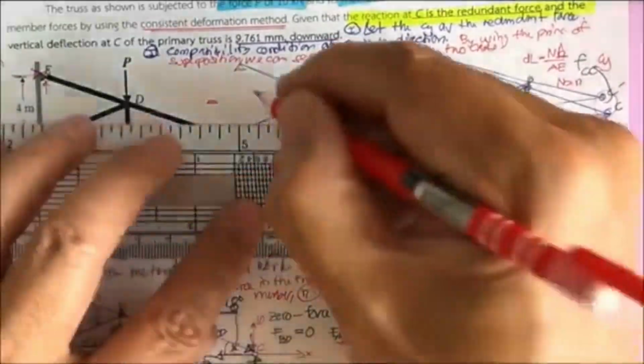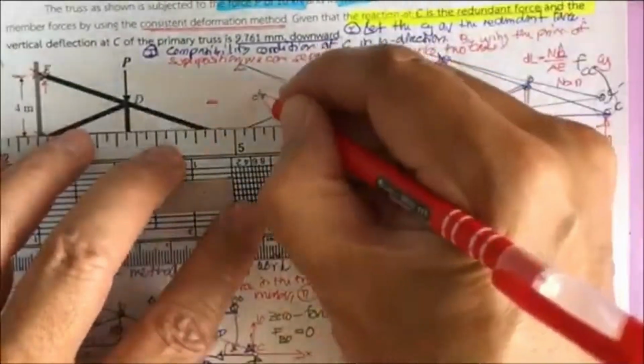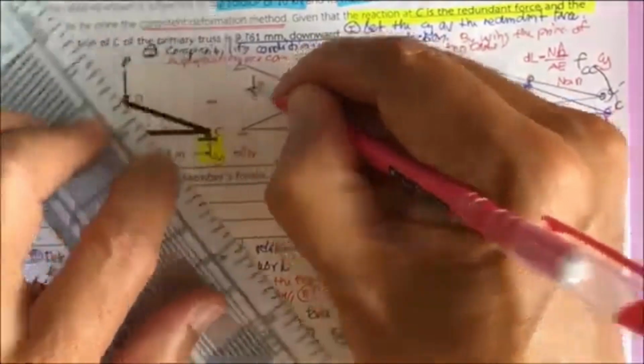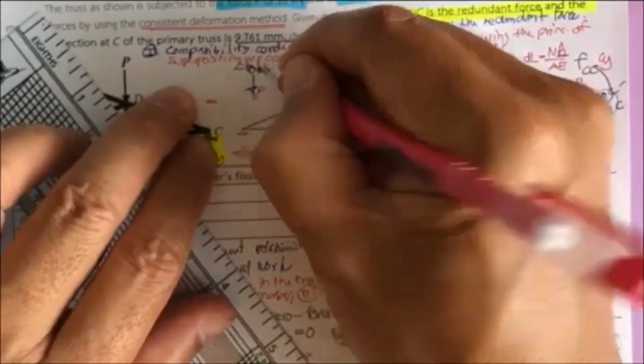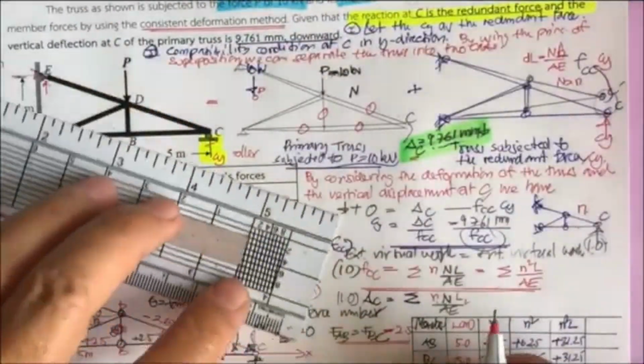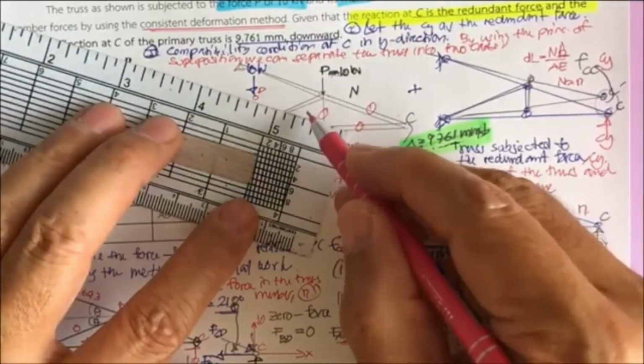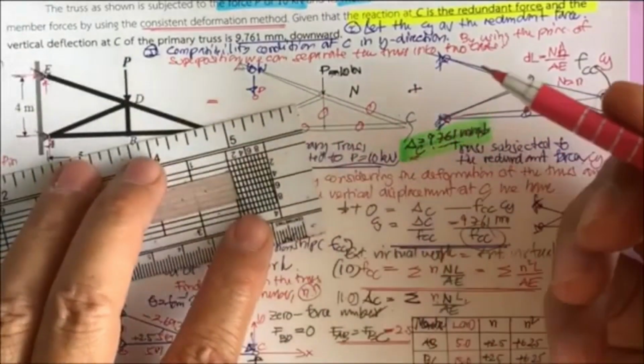So if you like, you will have this one for joint D subjected to the force of 10 kilonewton here. And what you have is two forces here. You can determine it easily, right?